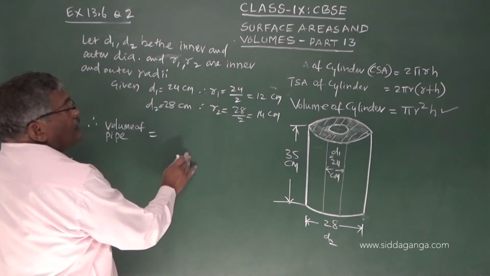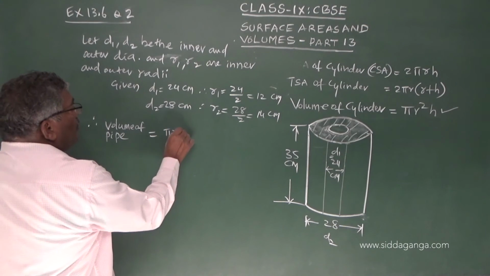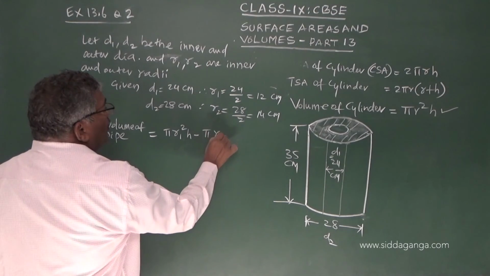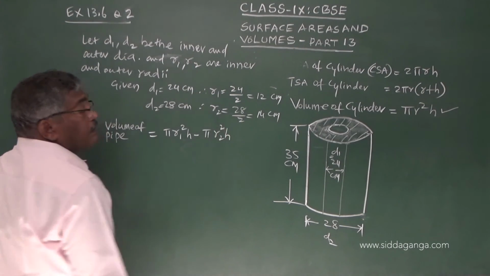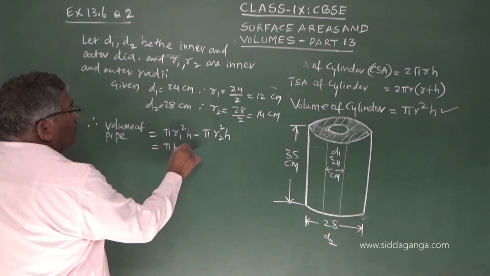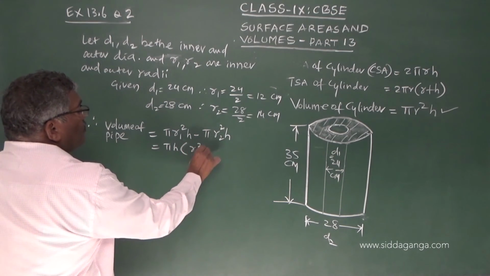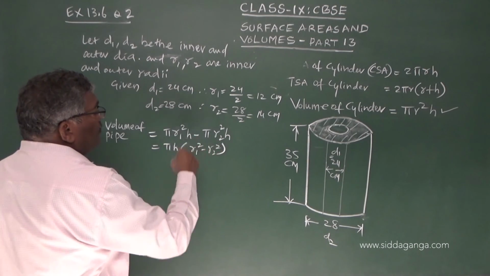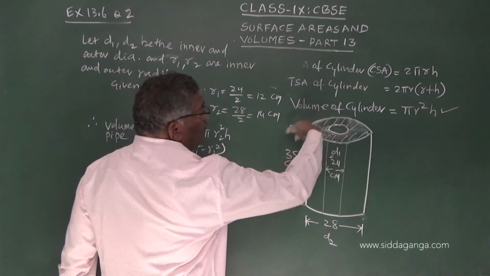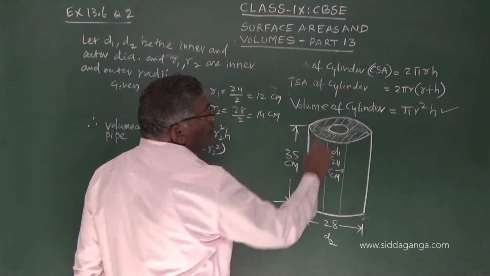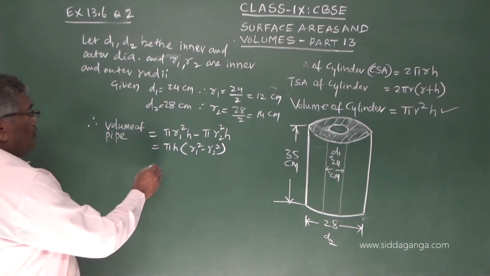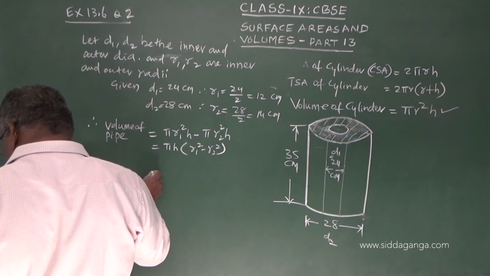So therefore it is pi R2 square H minus pi R1 square H, or this is equal to pi H, I will take outside, R2 square minus R1 square. You understand this? So this total we will calculate, and we will deduct this inner void area.